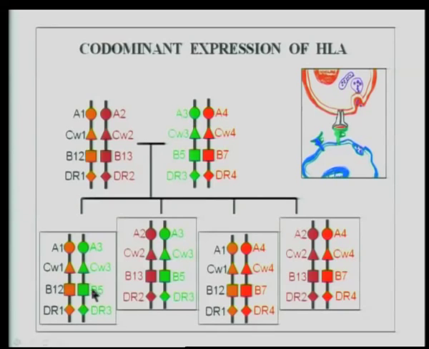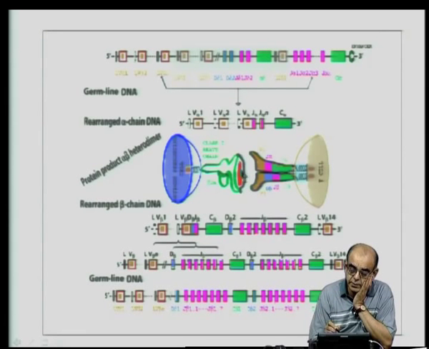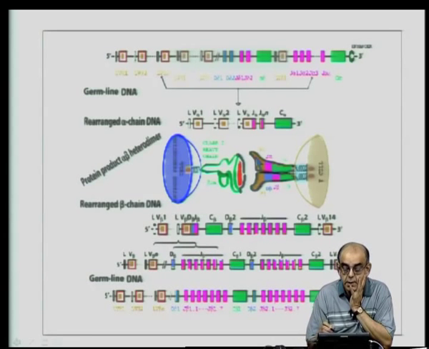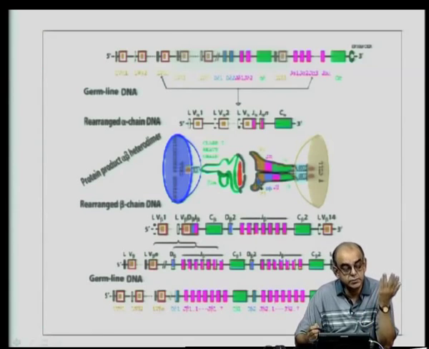So, therefore, these are the different kinds of alleles that are present within the children of these parents, and they are codominantly expressed. This is an example that I have shown you only for the HLA-A allele, but the same thing holds true for the other HLA alleles, whether it is B, C or DP, DQ and DR. Now, this is just to show you how the peptide, as I told you earlier, is recognized by the variable regions of the T cell receptor, which recognizes this entire MHC class 1 molecule, or the class 2 molecule if it is a class 2 mediated presentation.